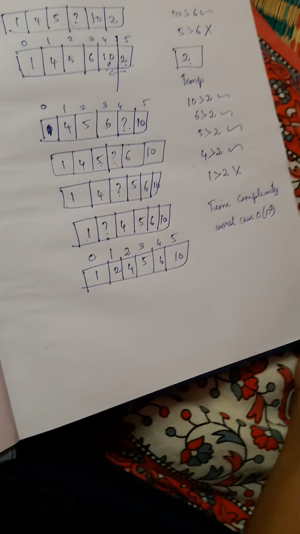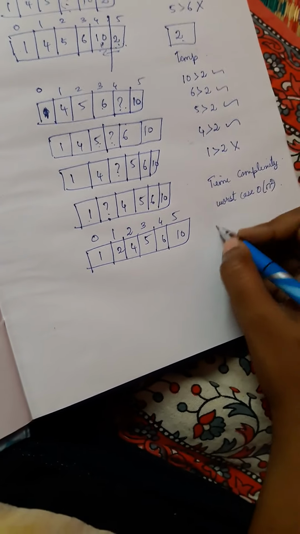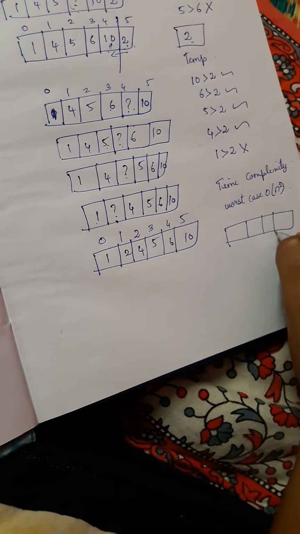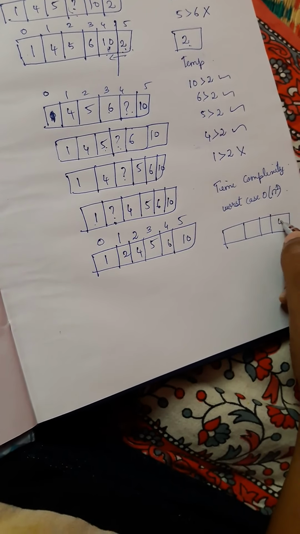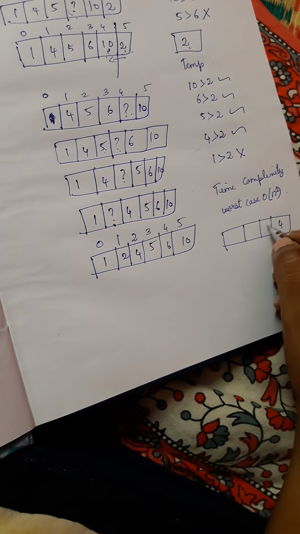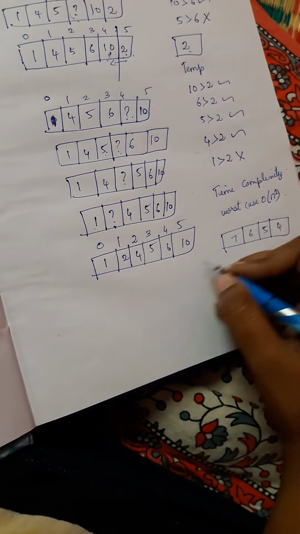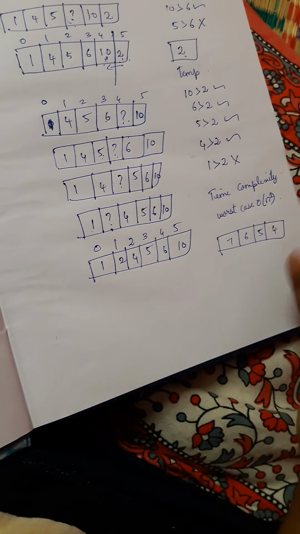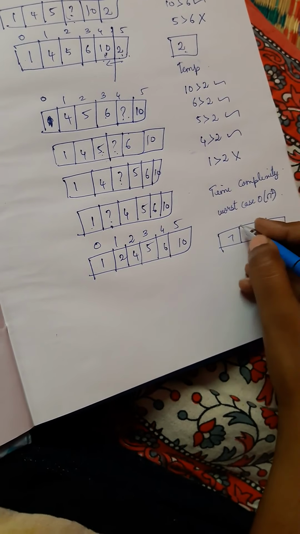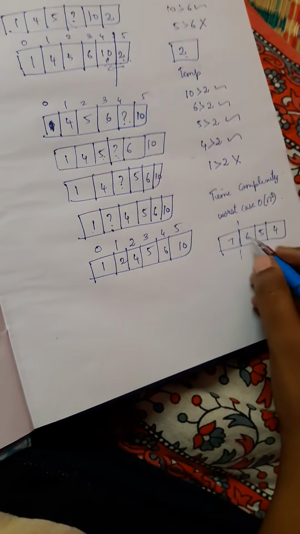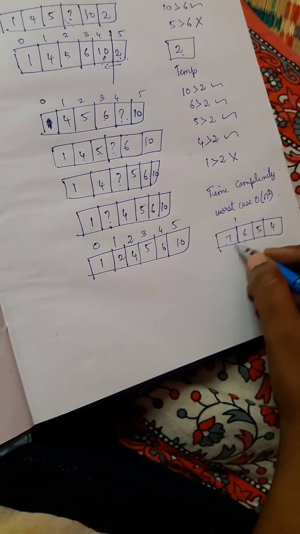Okay, why we are calling it n square is, suppose I am taking this array. Okay, this is in descending order, 7, 6, 5 and 4. Suppose this is the order they have given in your exam, then what we will do, we will take this array. Again we will check this element with this, again this fails.